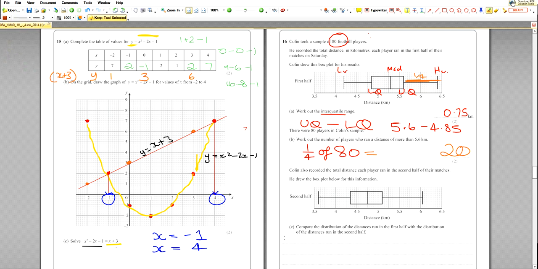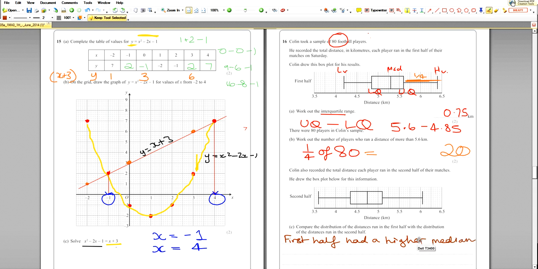So, the first half. We can say in the first half, what was this called? The first half had a higher median. Median what?